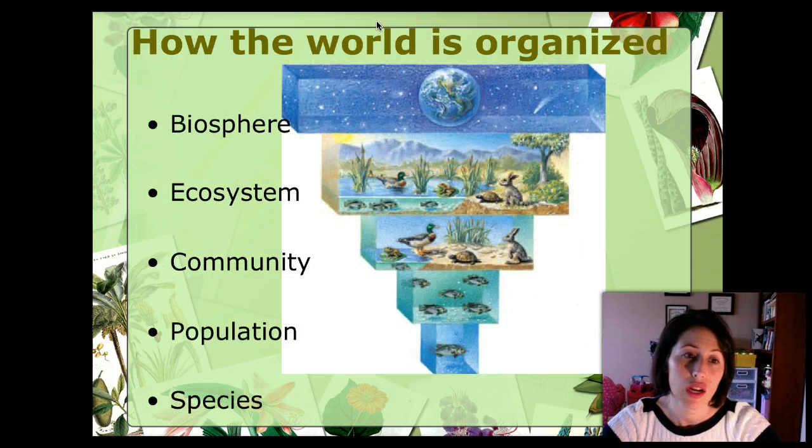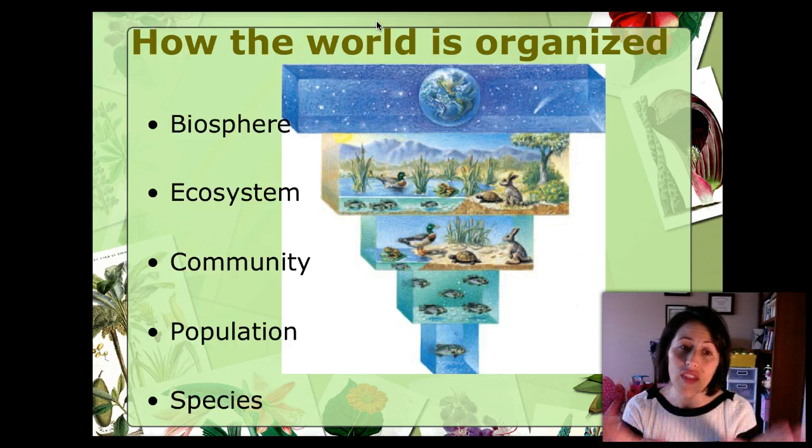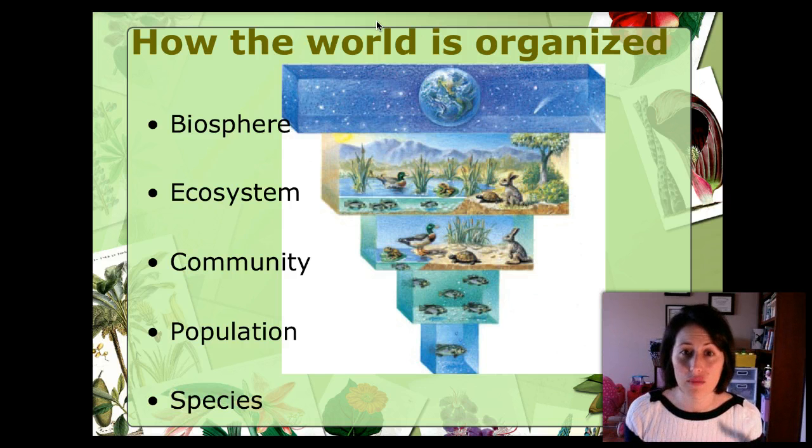So how is the world organized? Really quickly, I just want to talk about a few key factors. We're looking at the biosphere, which is the very largest part of our world. Okay, so that is the Earth. The Earth is our biosphere. Then that is broken down into ecosystems. An ecosystem is one given area within that biosphere. A community is even smaller.